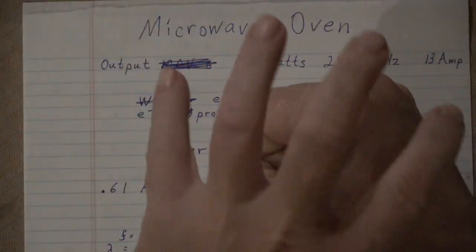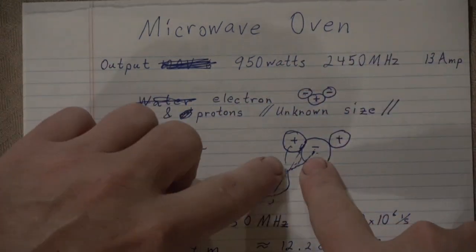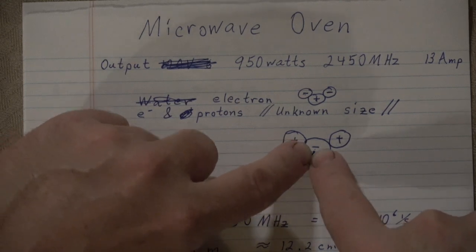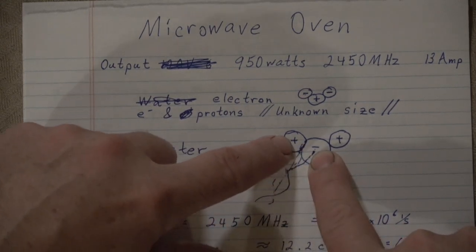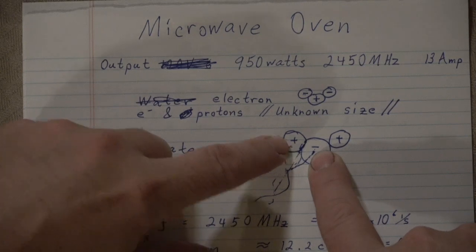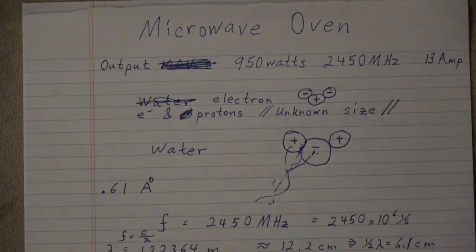If you're outside that electron form, then what you're looking at is a negative charge on that. So we're having the center of that negative charge being the center of the oxygen atom, and the same here with the center of the positive charge being the center of a hydrogen atom. So we have 0.61 angstroms.